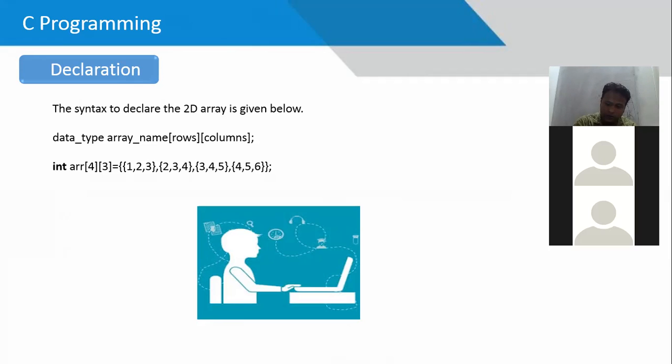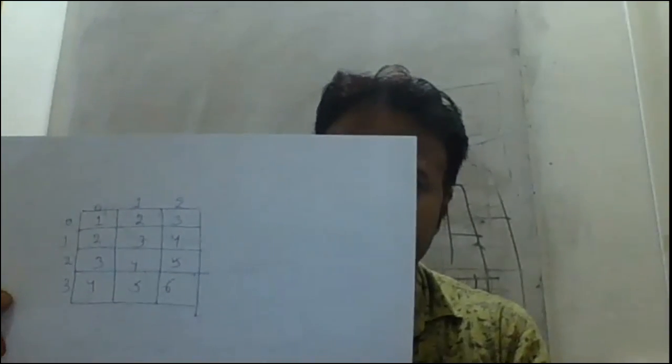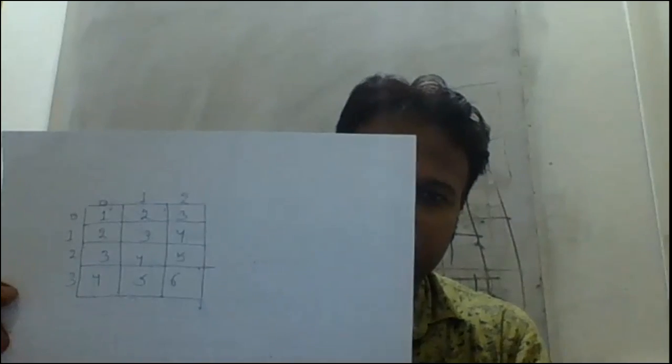So here 1 2 3, 2 3 4, 3 4 5, 4 5 6. Okay, so if you see this, when I write this one, it is represented in this format. In the 0 row we store 1 2 3, in row 1 we store 2 3 4, in row 2 we store 3 4 5, in row 3 we store 4 5 6.